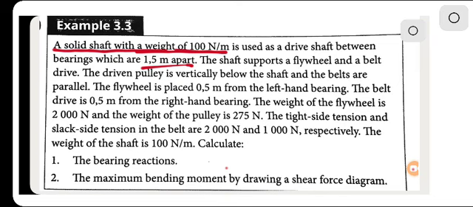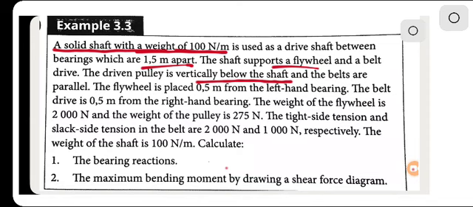So again, it says the shaft, those are 1.5 apart. Then the shaft supports a flywheel and the belt drive. You see we have a flywheel here, and the belt drive is vertically below the shaft. Vertically below, guys.